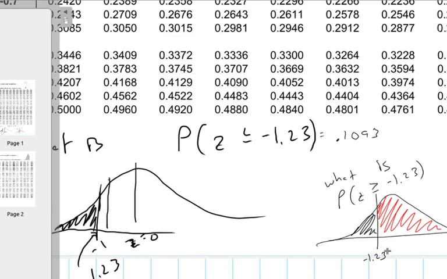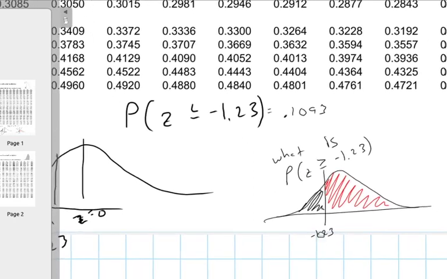Quick note here, it can't be exactly equal to negative 1.23 because this is a continuous distribution, and the probability of being exactly any single value is 0. So that's why I can get away with saying greater than or equal to, or I could go just greater than. Either way works. So the probability that z is greater than negative 1.23, I can just use the complement rule here.